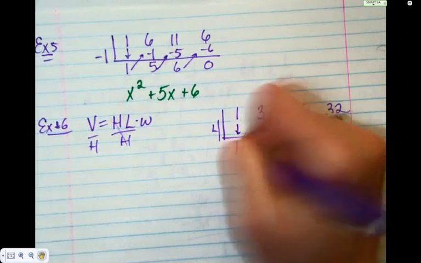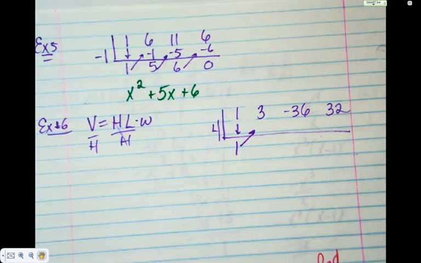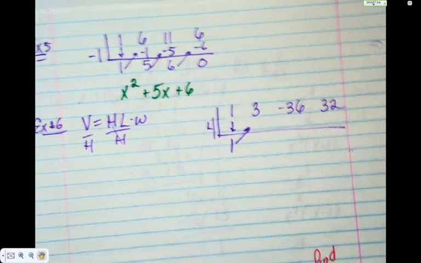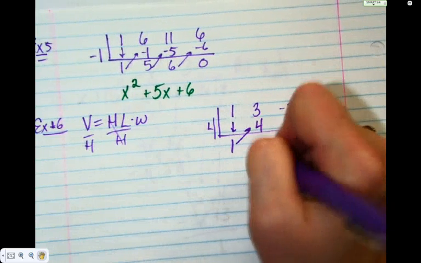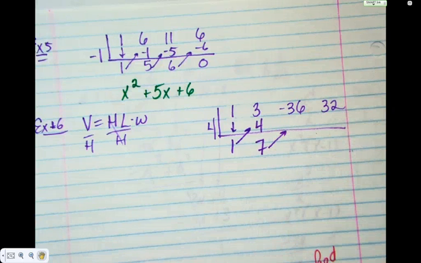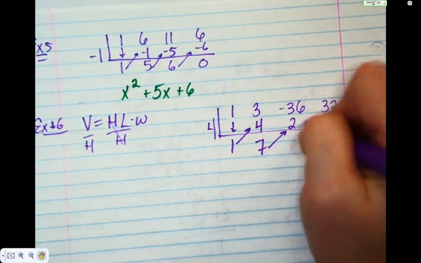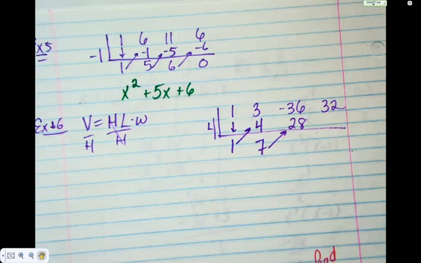Okay, drop and then multiply. This is where it gets all mumbly. -8. Multiply.